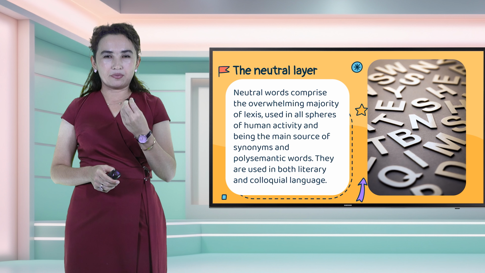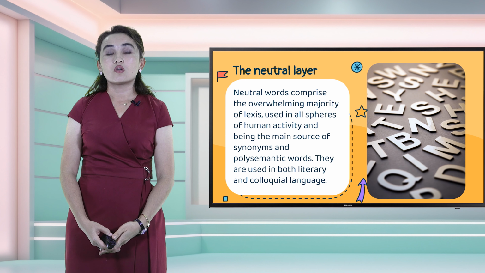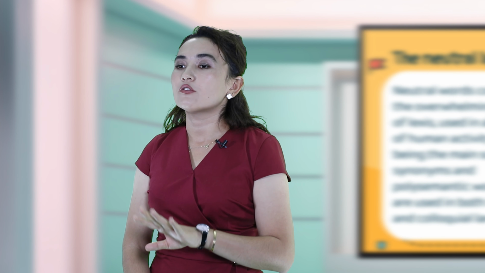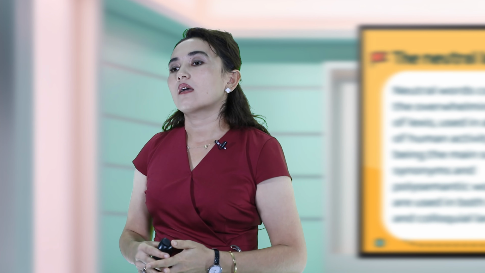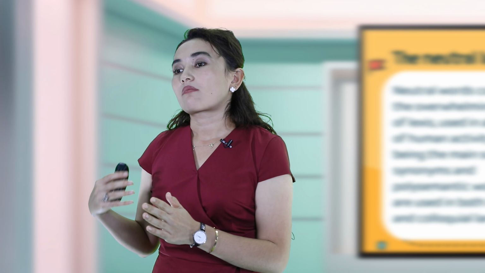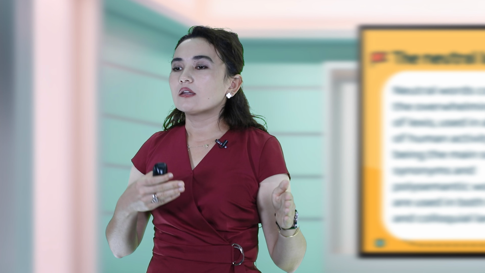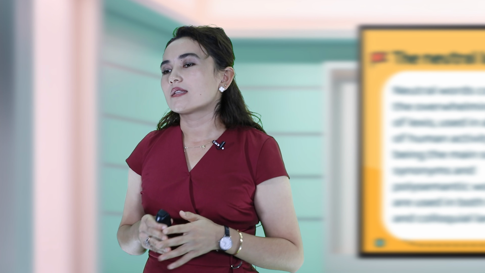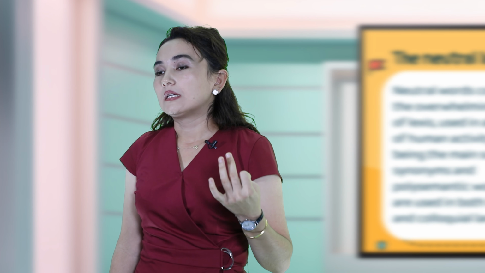Let me give you an example in the Uzbek language. For example, the word for face. It is a neutral layer word here in the classification of the vocabulary, which has the literary layer and the colloquial. In the colloquial one, the synonyms of the word are bit, aft, or turk.